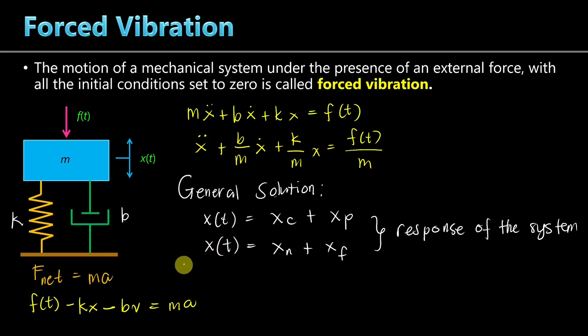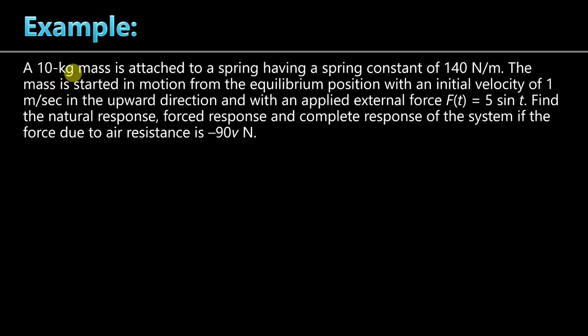Okay. So, mag-solve na tayo ng sample problem. A 10 kg mass is attached to a spring having a spring constant of 140 newtons per meter. So, ilagay na natin dito yung spring constant. K is 140. And the mass is 10 kilograms.